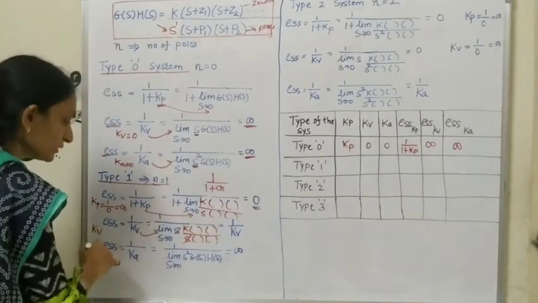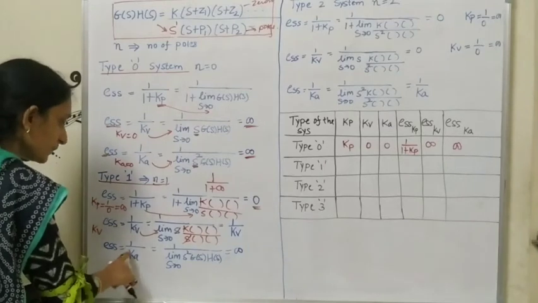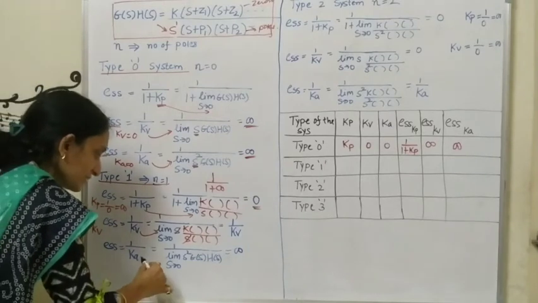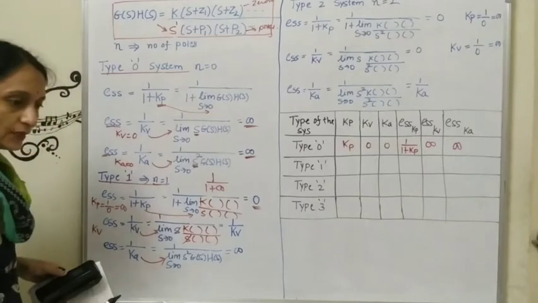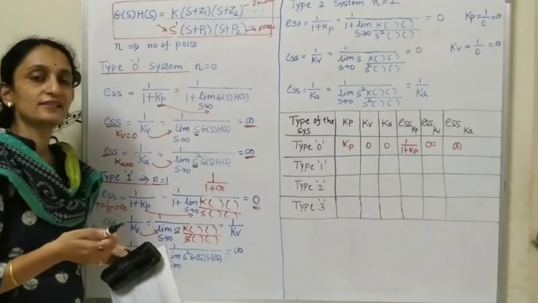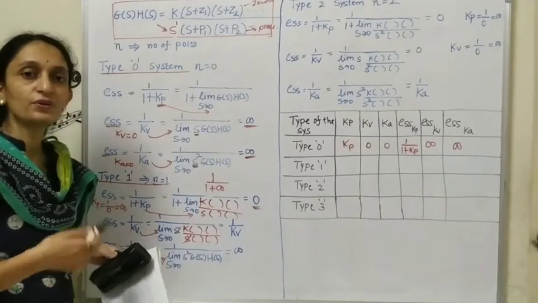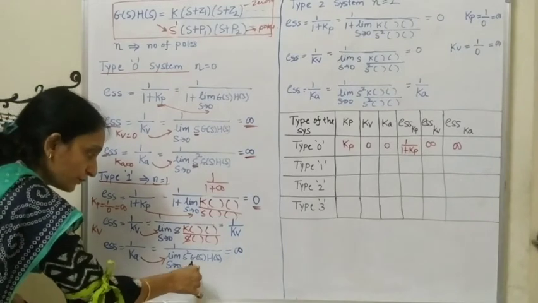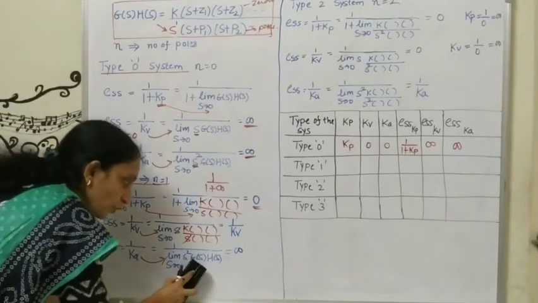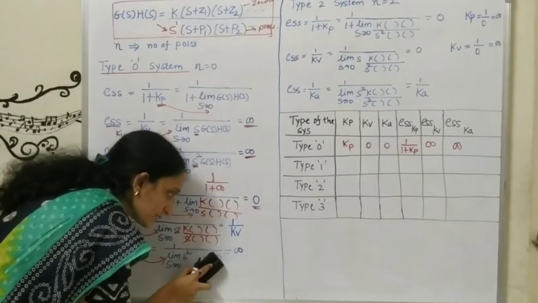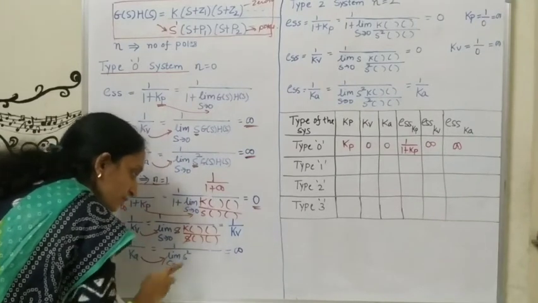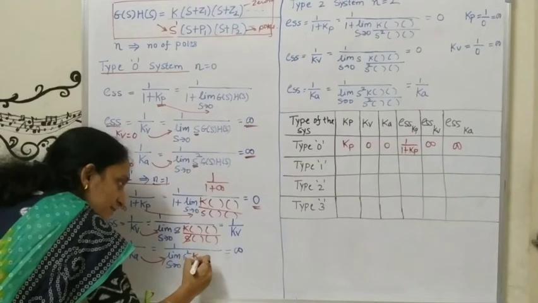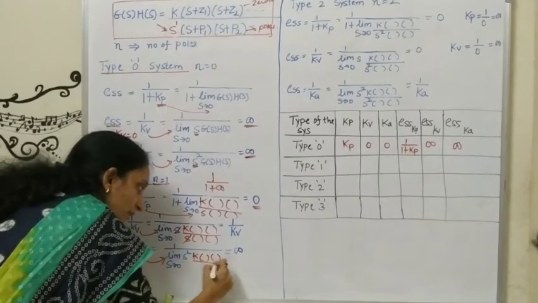Now the third one, ESS equal to 1 by Ka, that is for the acceleration error constant. We are calculating the acceleration error constant for unit parabolic input. I have substituted the formula here, s square G(s)H(s), and I replace it with the above transfer function.